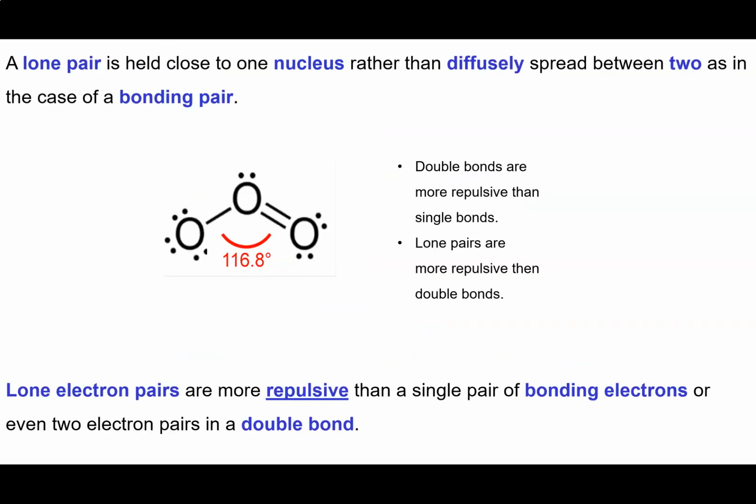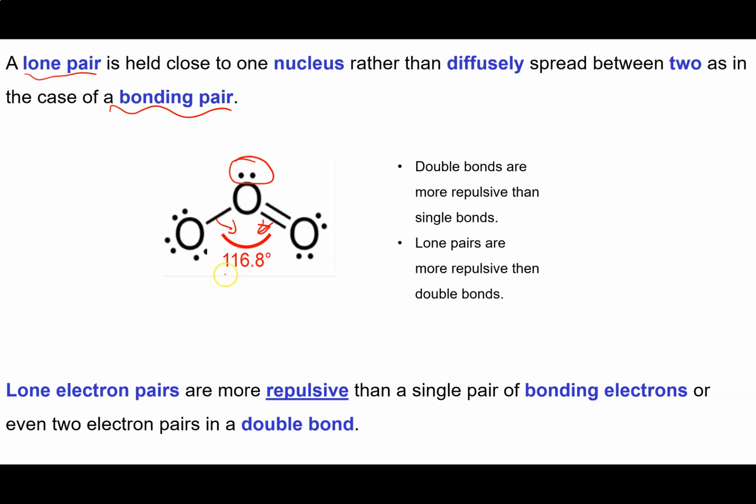Something interesting about molecules with lone pairs is that lone pairs are held closer to the nucleus of an atom than pairs that are being shared, or what we call bonding pairs. As a result, lone pairs are more repulsive than bonding pairs of electrons. The net result is that this tends to push these bonding pairs a little closer together.